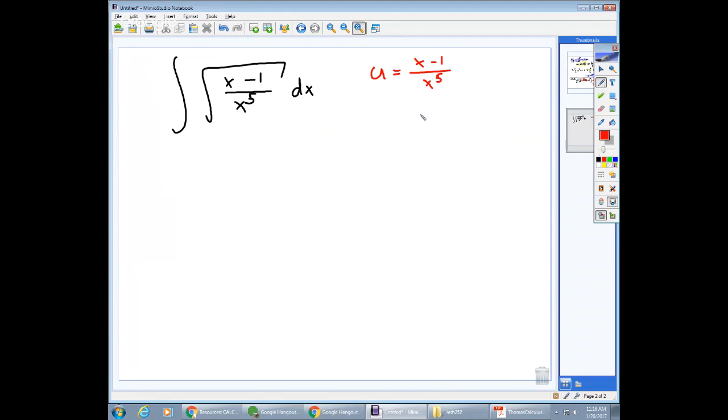Okay, so quotient rule for du says take the derivative of the top, that's 1, multiply by the bottom function, minus the top function times the derivative of the bottom function, all divided by, anybody remember?